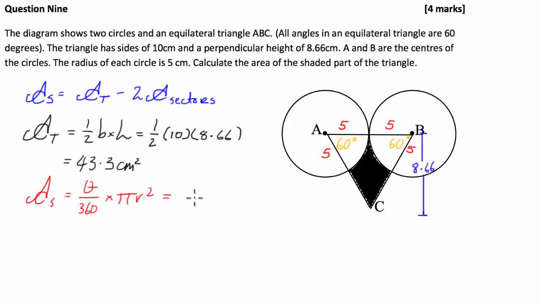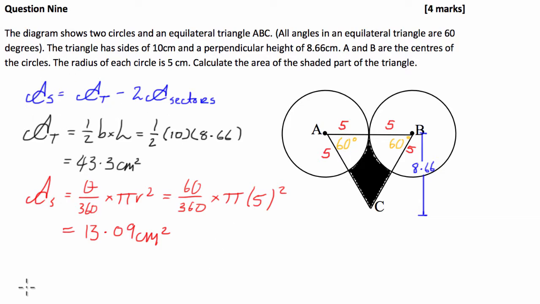So in this case, the angle is 60 degrees, and we're going to times it by pi times the radius, which is 5 squared. Now again, if we put that into our calculator, we get 13.09 centimeters squared.